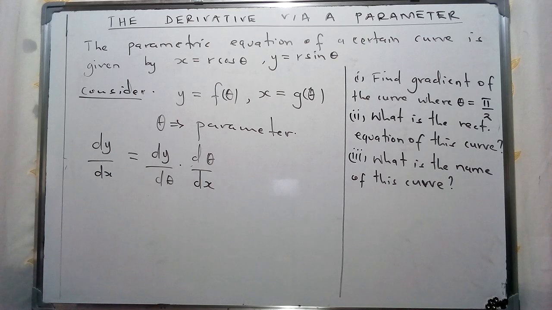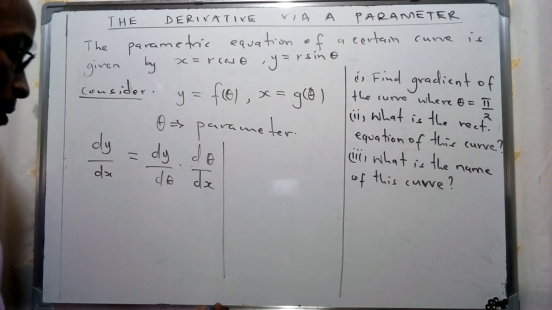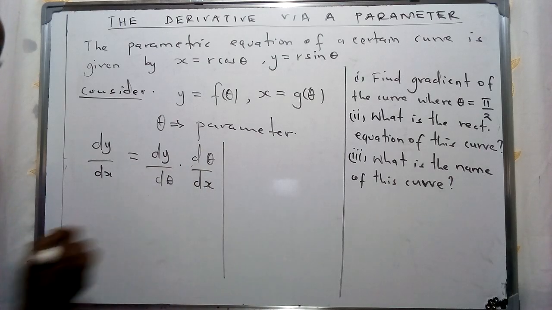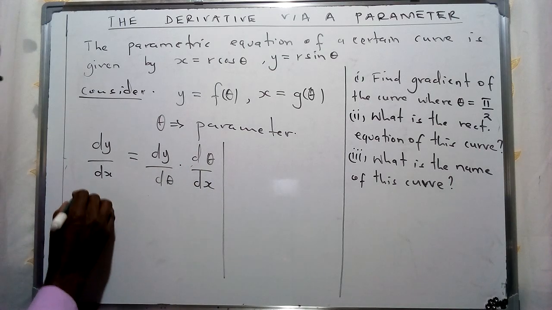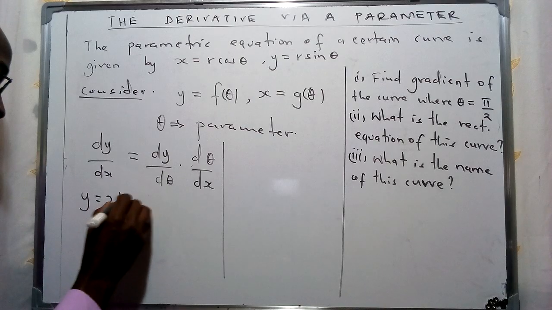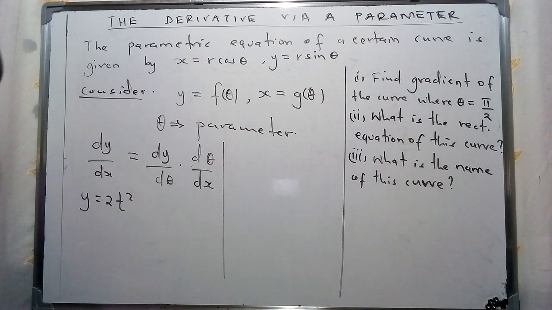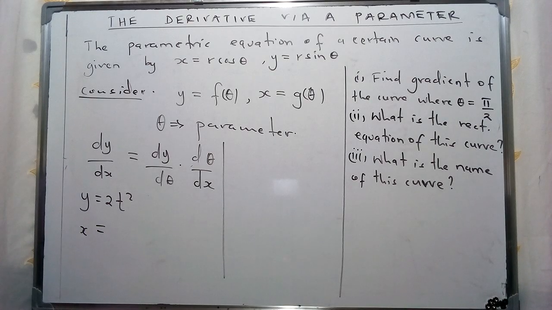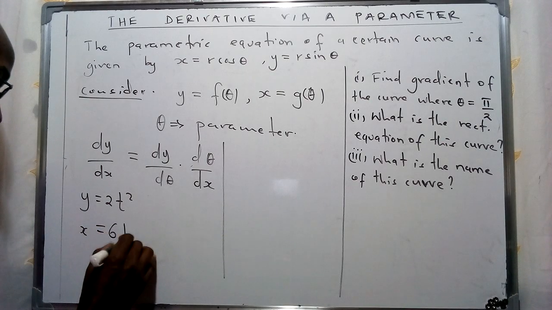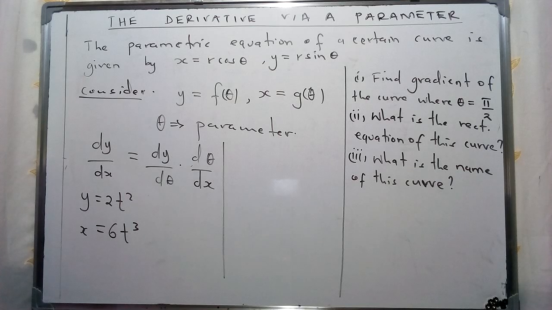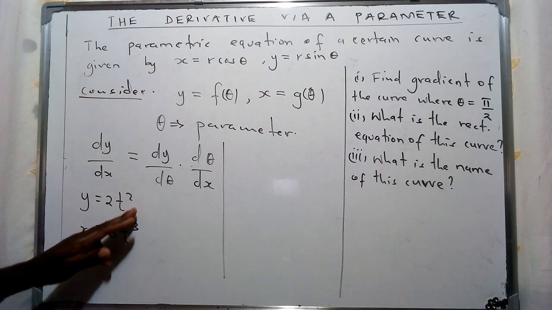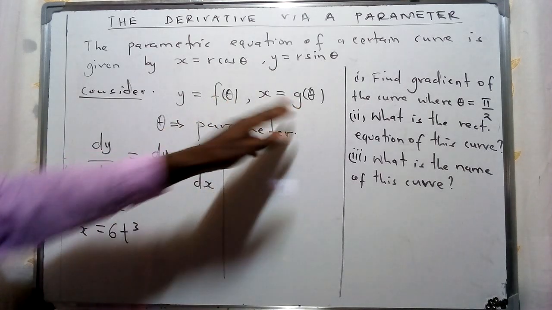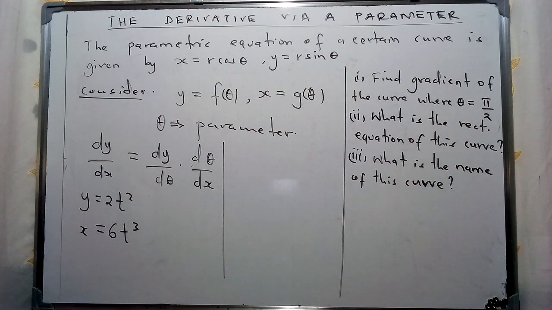So I can give a specific example, whereby suppose we have y given as 2t squared, and we have x represented as 6t. We can see that we have a parameter in this case, just as we have defined these two equations.